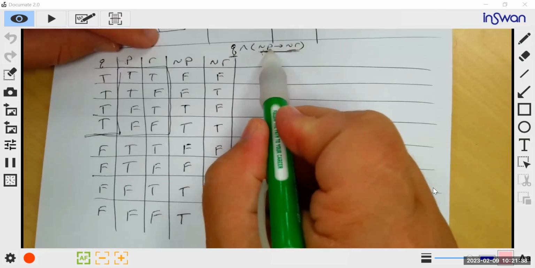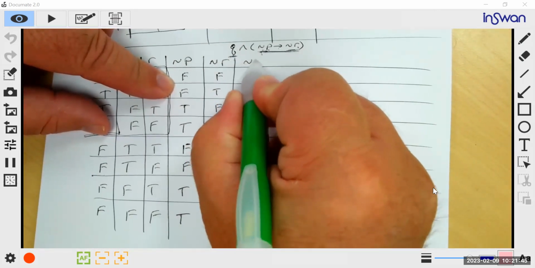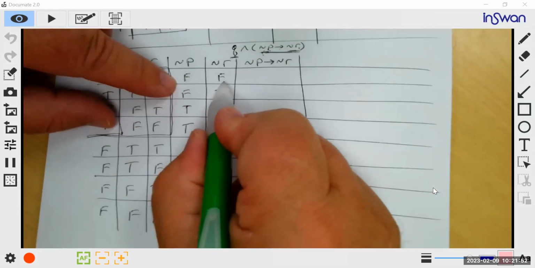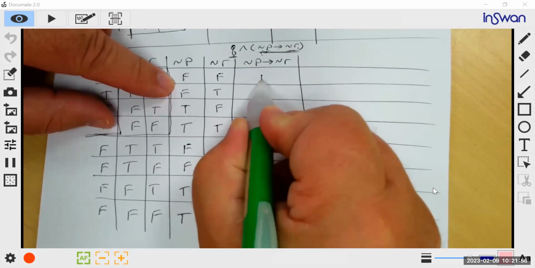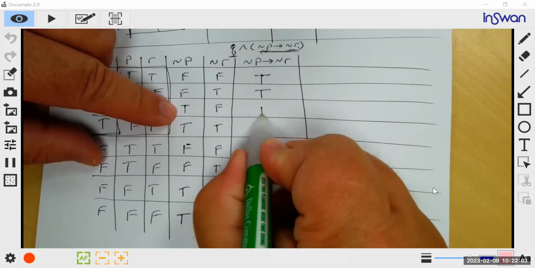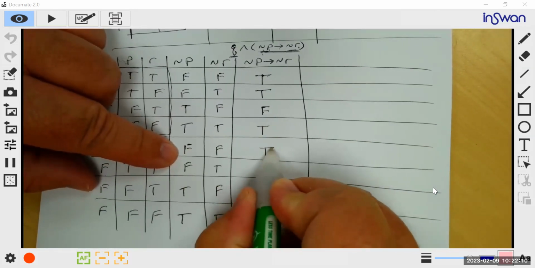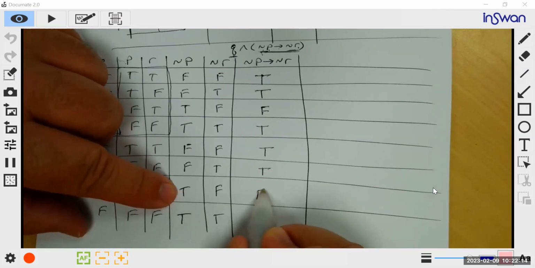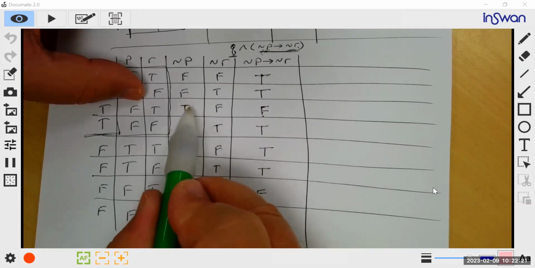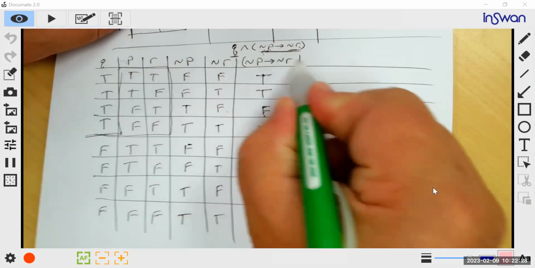So we look at if not P, then not R. Again, we only lose money if we're going from high to low. So that's our parenthesis.